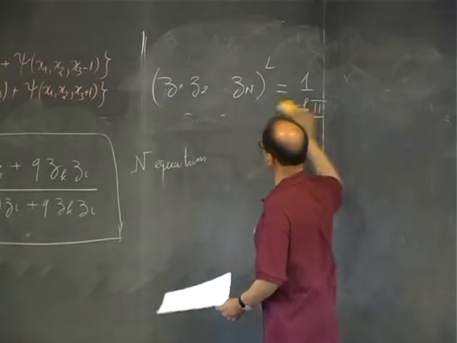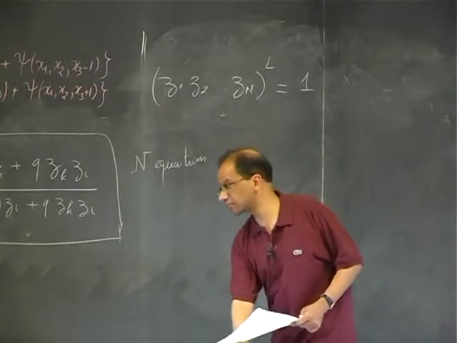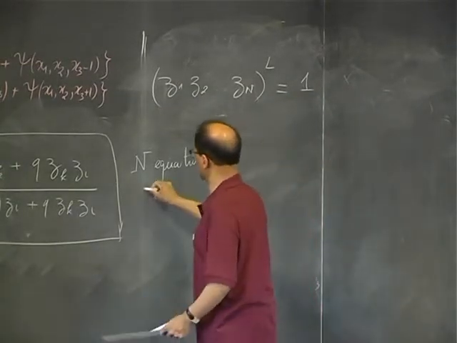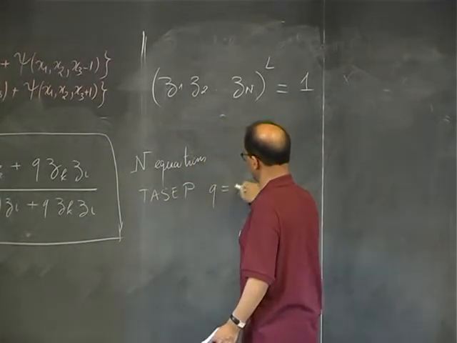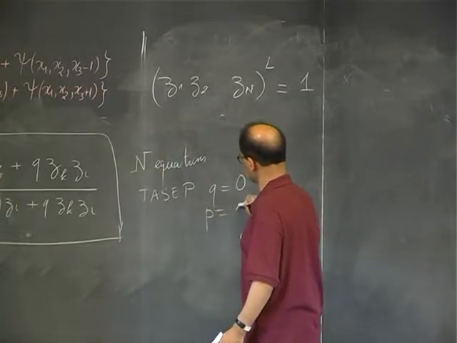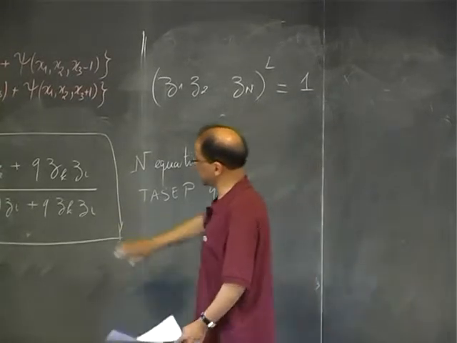For example, the TASEP case. So in the TASEP case, q equal to 0 and b equal to 1, things become much nicer.